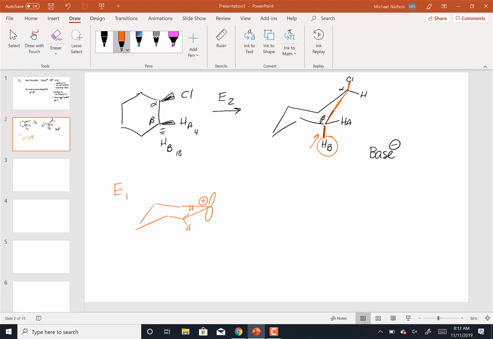So in an E1, you could lose either HA or HB. The reality is probably 50% HA, 50% HB. But you'll get the same product either way, right? Yes.